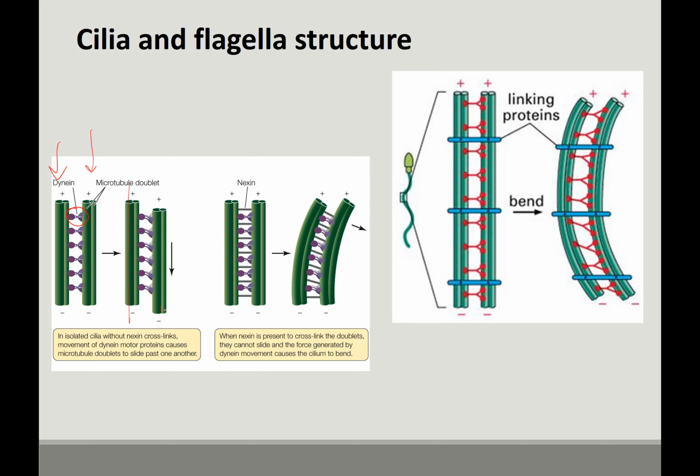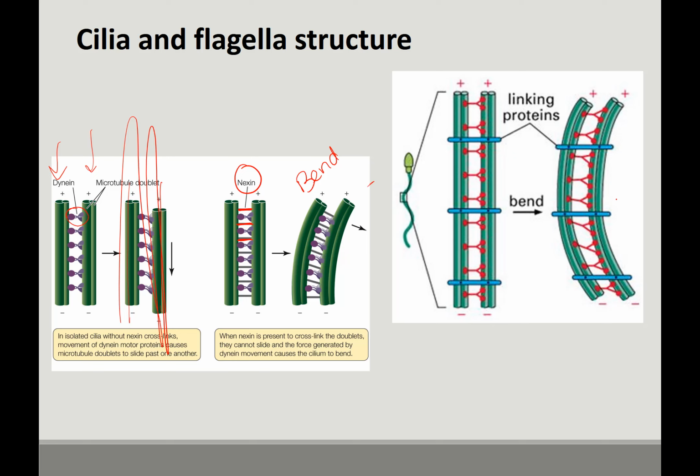But there's a very important protein called nexin, and the nexin is holding these doublets together. We don't want just to slide back and forth because you couldn't get motion. We actually want a bend. So the nexin prevents too much sliding, and so you only have a little bit of movement back and forth, and what ends up is you bend.